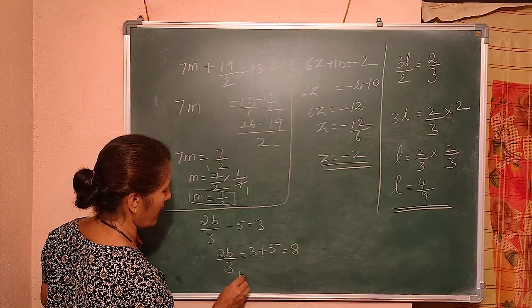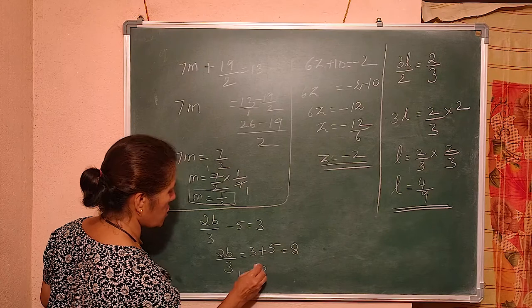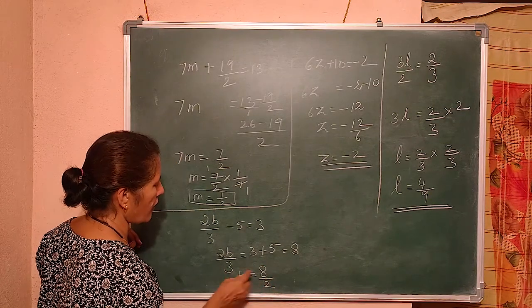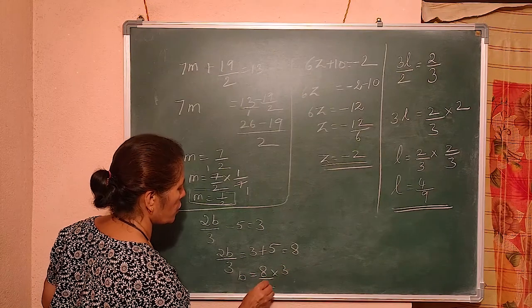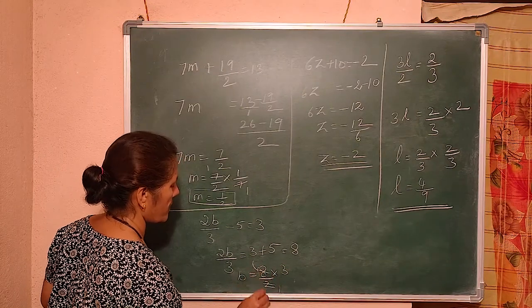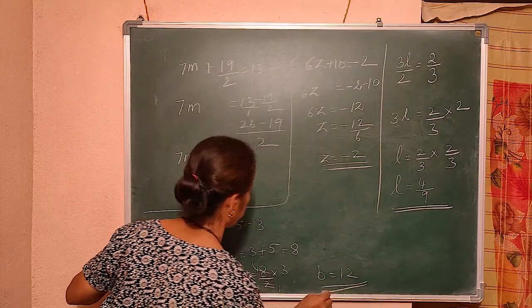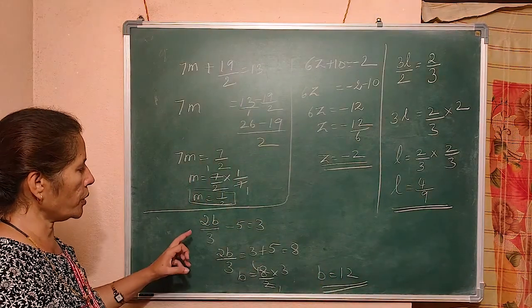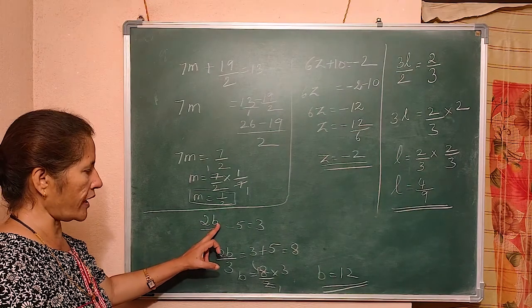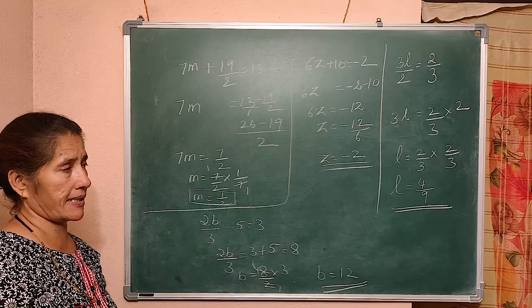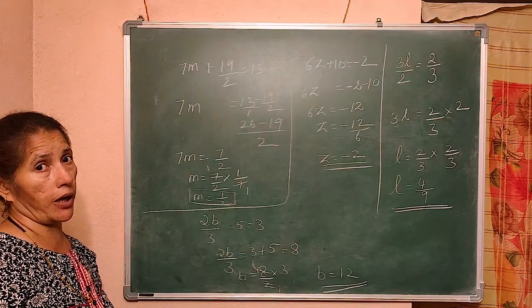So I want b is equal to 8. 2 is multiplied, so divide. 3 is divided, so multiply. So 2 ones are 2, 2 fours are 8. So what is the answer? B is equal to 4 3s are 12. So 2 12s are 24 divided by 3 is 8. 8 minus 5 is 3. Yes.